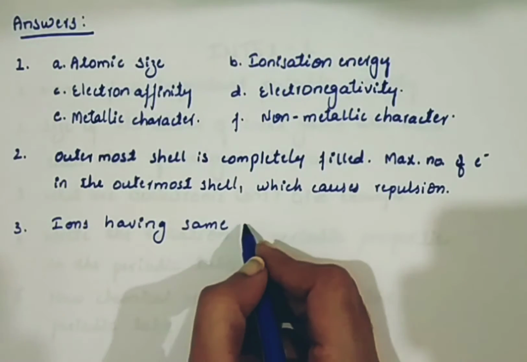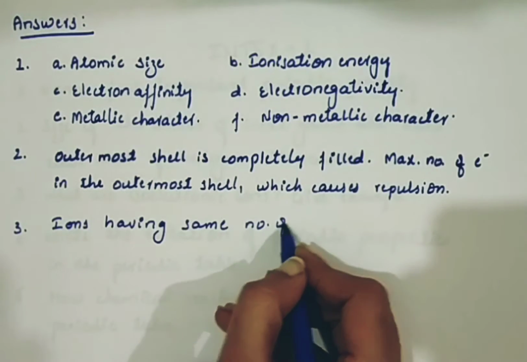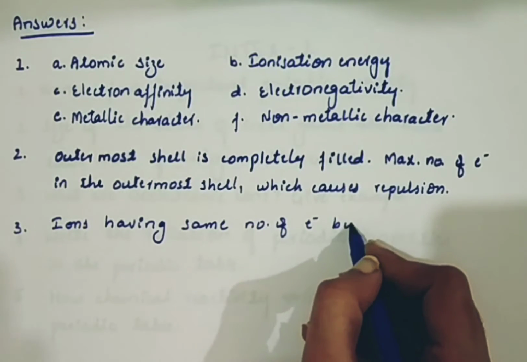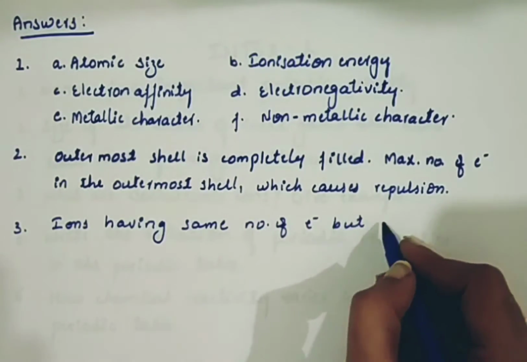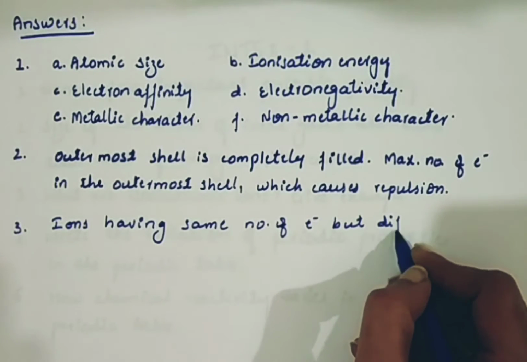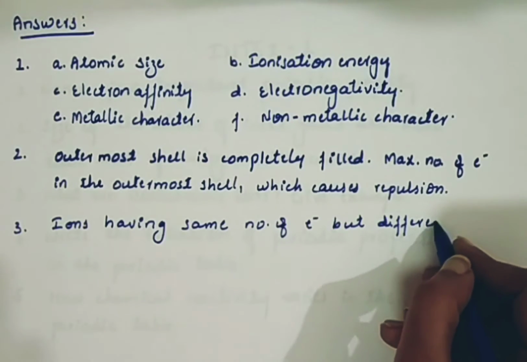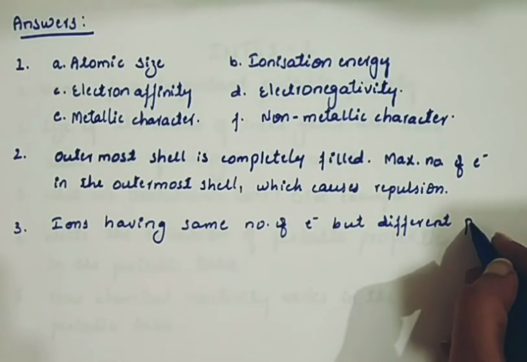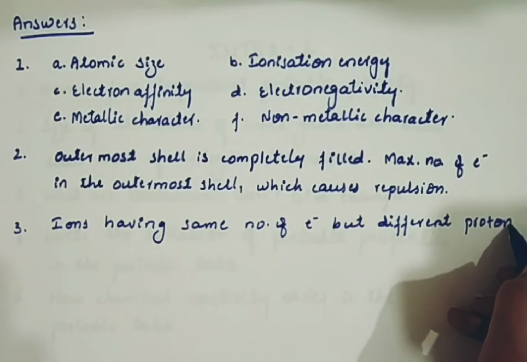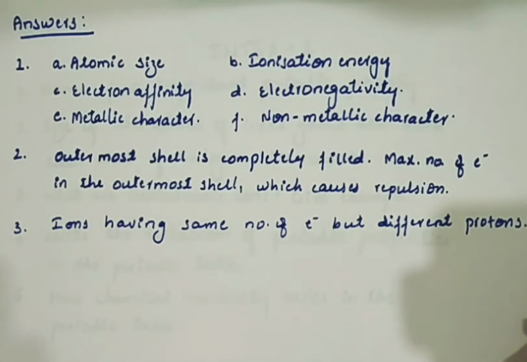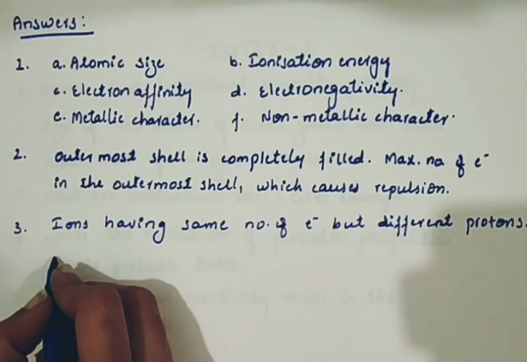For example, consider O2 minus, N3 minus and F minus. This is an example for isoelectronic ions.